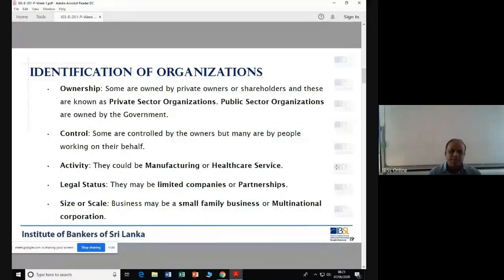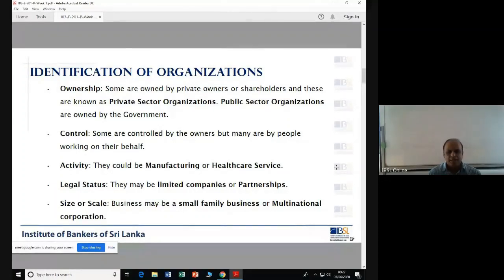A very good example I can think of is Damro, where they manufacture furniture as part of their business. So their business activity is manufacturing furniture items to be consumed by the public. The activity only is going to determine whether this is a manufacturing organization or a service organization.